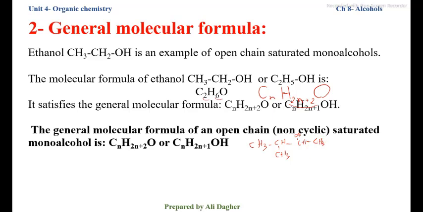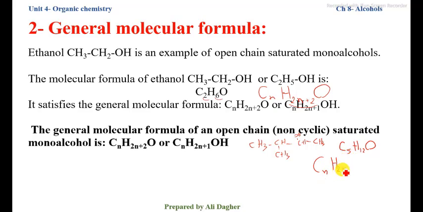The molecular formula of this alcohol has 5 carbon atoms, C5, 12 hydrogen atoms, H12, and 1 oxygen. In general, it is always CnH2n. N in this case equals 5.